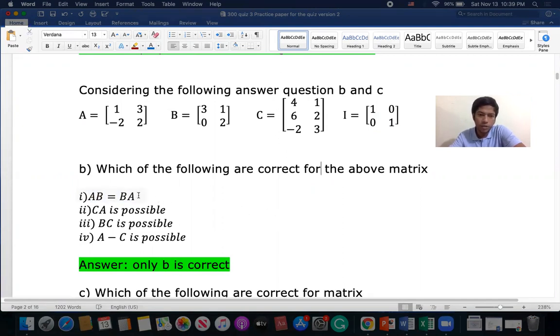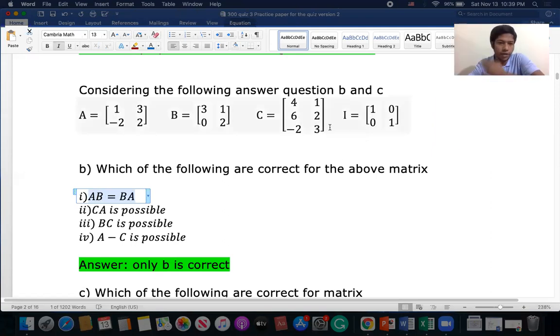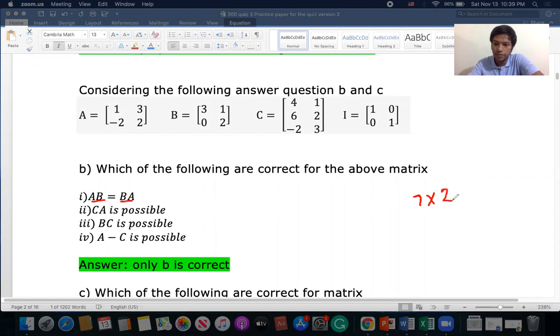So this one, AB equals BA, is it possible or not possible? This is the question. Or is it correct or not correct? Basically, in matrix multiplication, AB and BA are not the same, because the order is important in the matrix. Which one you write first and which one later is important. But in regular algebra, let's say you have 7, then if you multiply it with 2, you get 14.